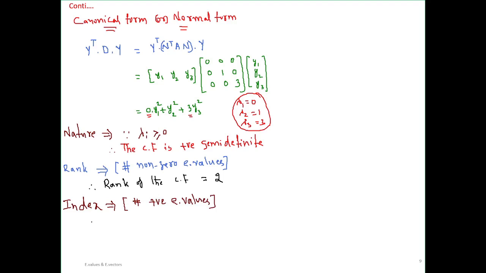So the index of the canonical form, where CF abbreviates canonical form, equals the number of positive eigenvalues. How many positive eigenvalues are there? 2. Therefore the index is 2.